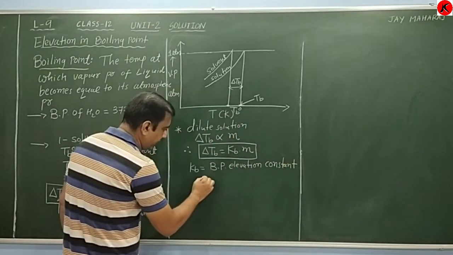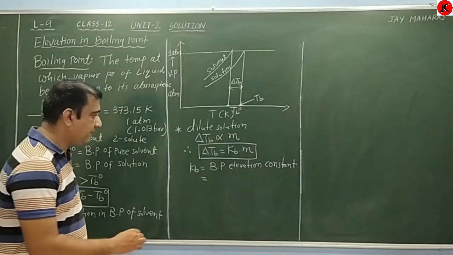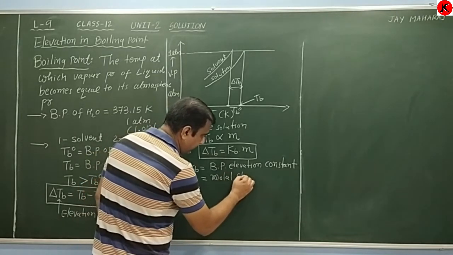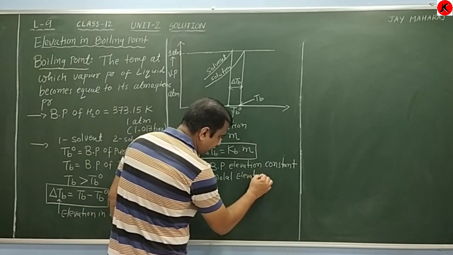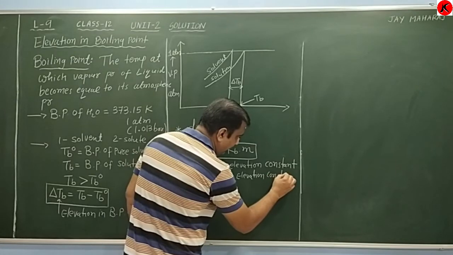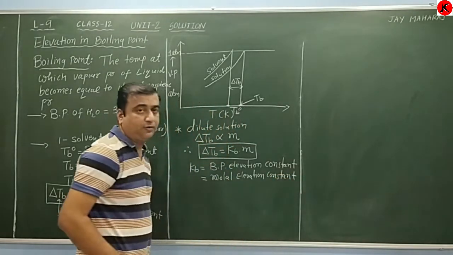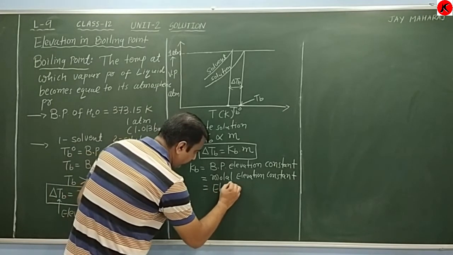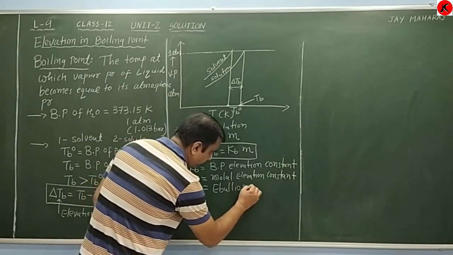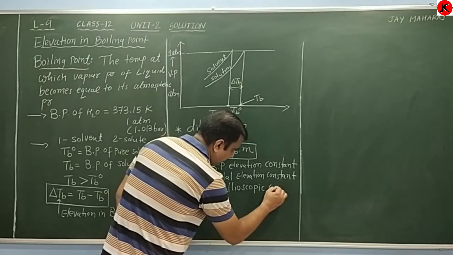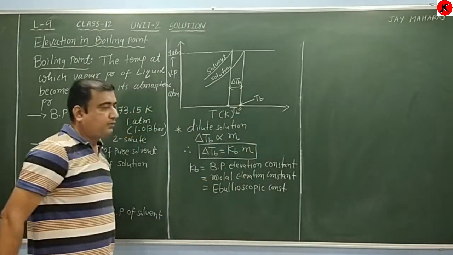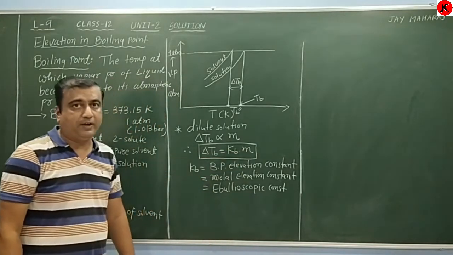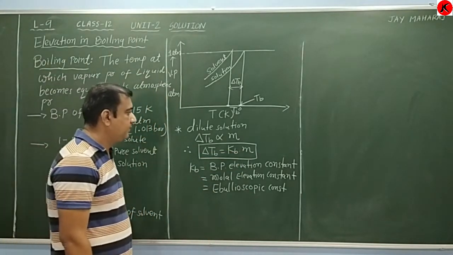Otherwise it is known as the molar elevation constant, or the ebullioscopic constant. So remember this formula, delta Tb equal to Kb into m, where m is molality.